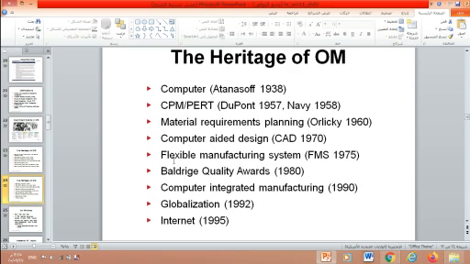In the computer era, they are also focusing on the critical path method, the PERT for DuPont, material requirements planning for Oracle, computer-aided design, flexible manufacturing systems, computer-integrated manufacturing, globalization and the internet.